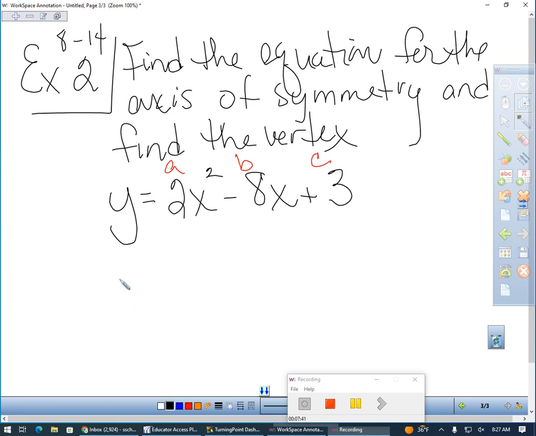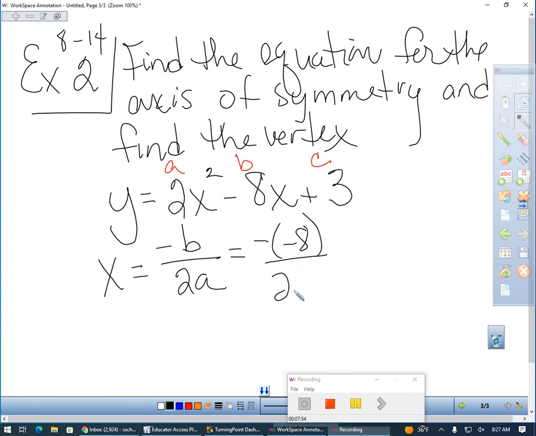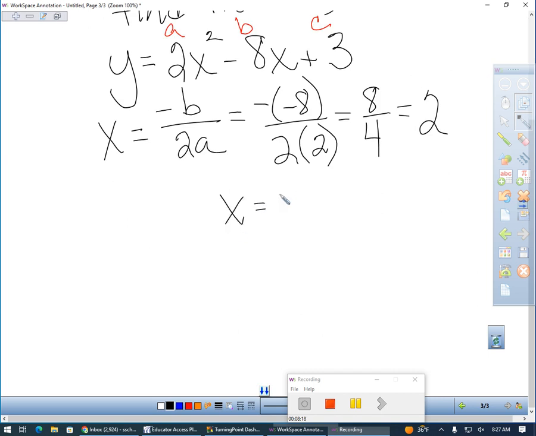All right, so when we do our axis of symmetry, x equals negative b over 2a. So we have negative b. b is negative 8 over 2. What is my a value? 2. Good. What am I going to do with my 2 negatives on the top? Sandwich them, times them, so I get positive 8 over 2 times 2, which is 4. So we get 2. I have an axis of symmetry at x equals 2.